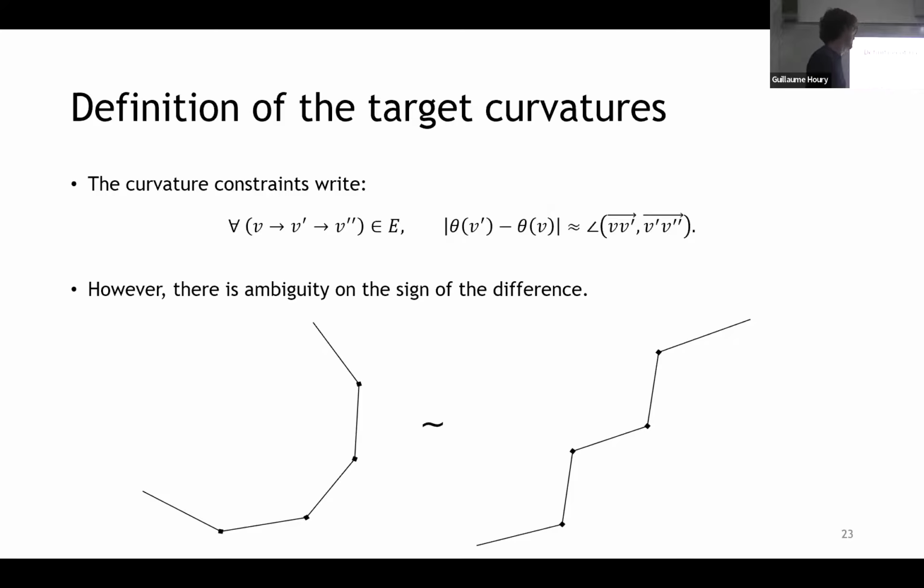And this means that we just need to constrain the absolute difference between two angular parameters to be equal to the angle made by the corresponding edges in the original tree.